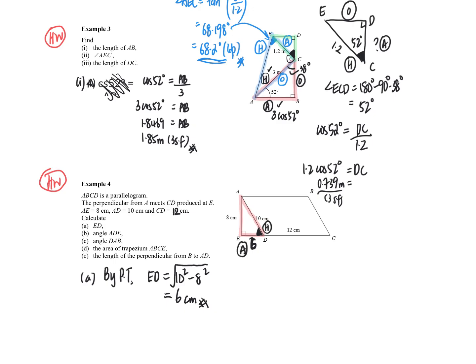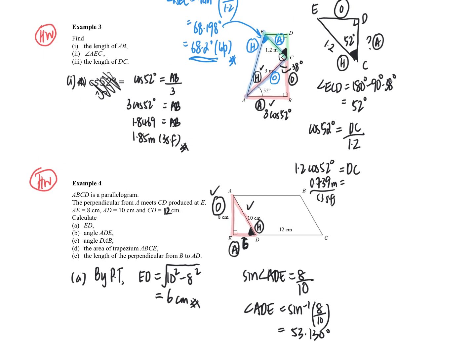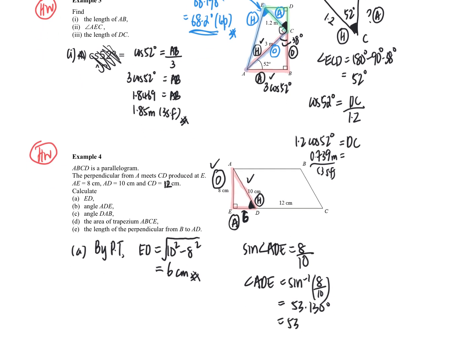So this is your H, A, and O. We will use O and H. So sine of the angle ADE is O over H. So ADE is sine inverse. What's the angle? 53.13. So let's call it 53.1, 1 dp.